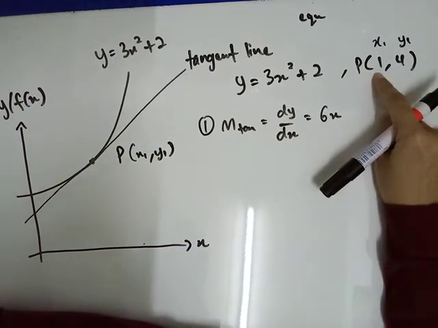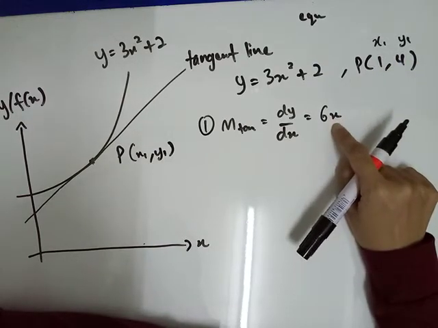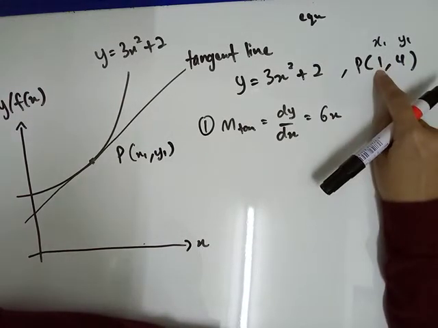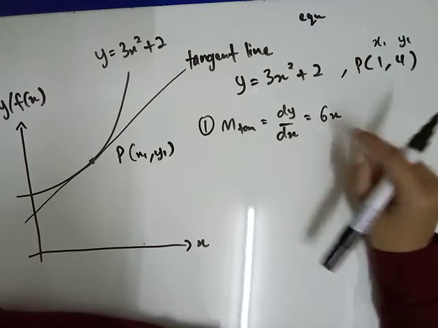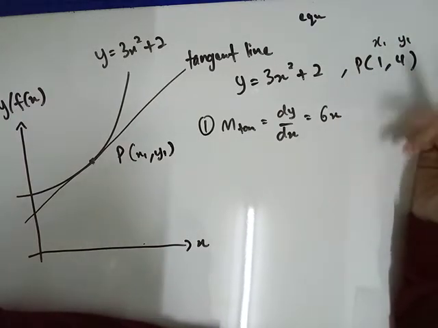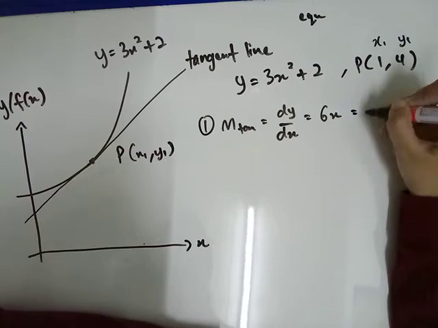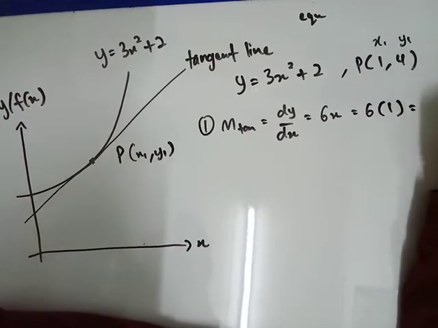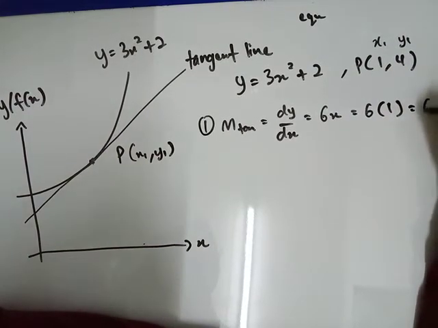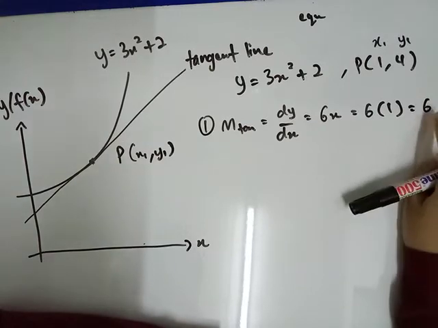Then the x value of the point, we need to substitute into this x. So 1, substitute into x to get the value of the gradient of the tangent. So it will become 6 times 1, you get 6. So this is the value of the gradient of the tangent line.